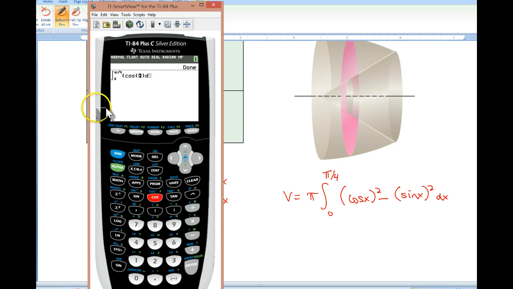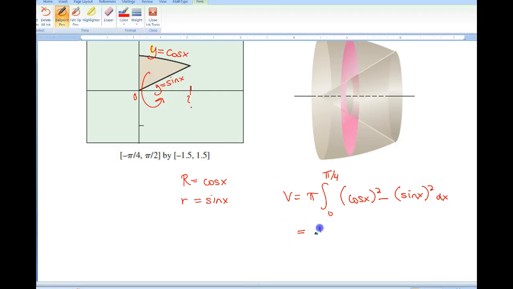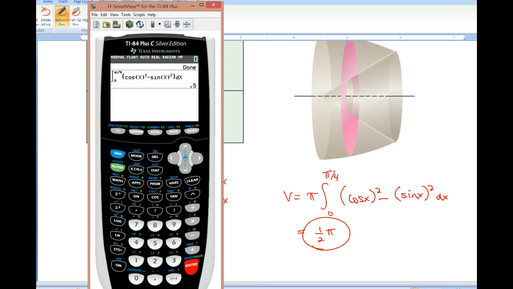So I have cosine of x squared minus sine x squared. Oh, and that gets multiplied by pi. So it's basically 1/2 pi. As long as you put the square here, it's going to do sine squared.